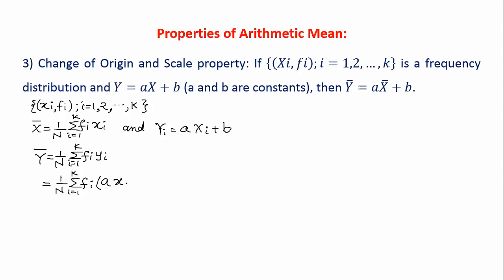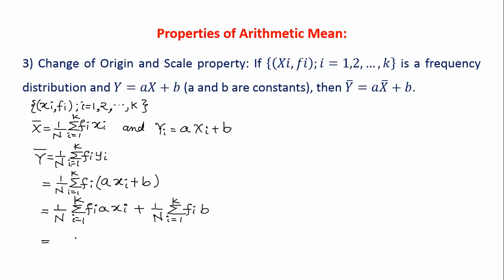Yi is a times xi plus b. So this is equal to 1 upon capital N summation fi times a into xi, i from 1 to k. Let me separate everything. Plus 1 upon N summation i from 1 to k fi times b. I think you are comfortable with this.